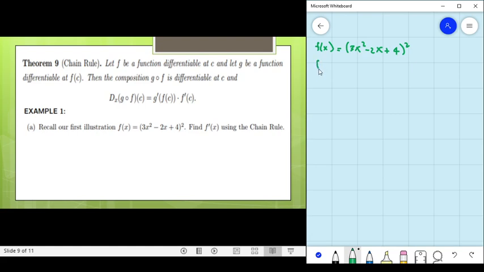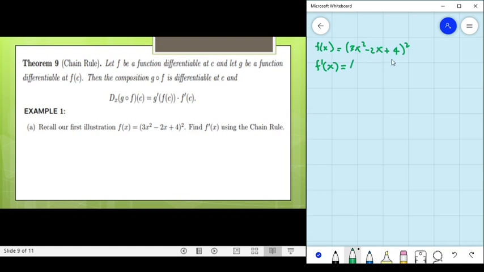If we are going to find the derivative of f of x using the chain rule, because we can solve this one without the chain rule, we can simplify it by multiplying the quantity by itself, and then get the derivative of the product. But let us use the chain rule.